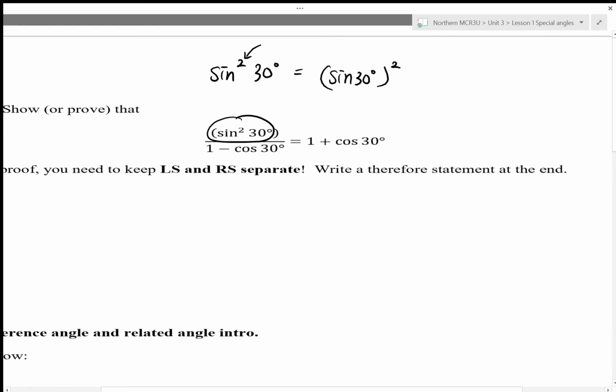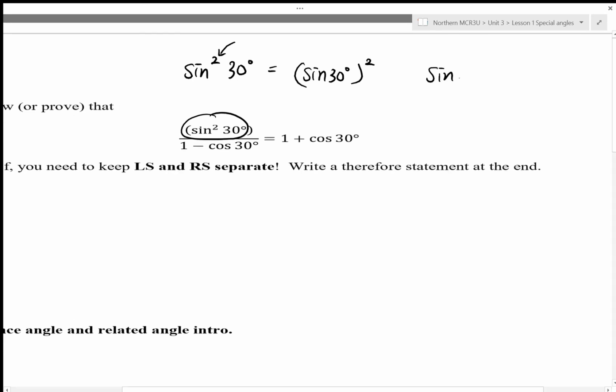The reason is this: if you write sine 30 degrees squared without any brackets, this actually means sine of 900 degrees. So when you want sine 30 degrees, the whole thing squared, we have to write sine squared 30 degrees. This is a mathematical notation.